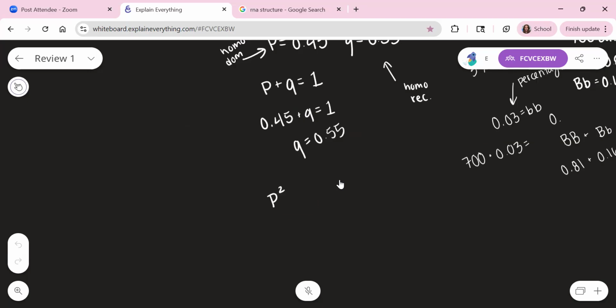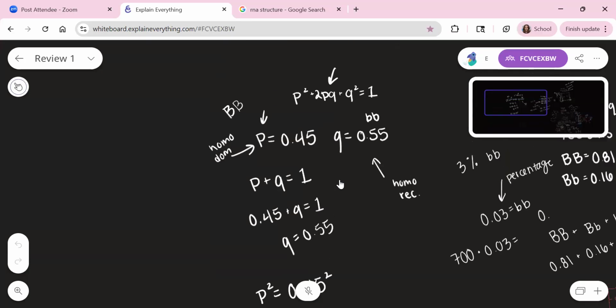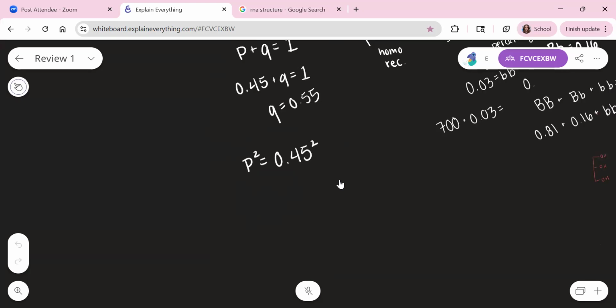So P squared equals 0.45 squared. That will give us our P squared, and we'll be able to plug that into here. Wouldn't you square root it though?